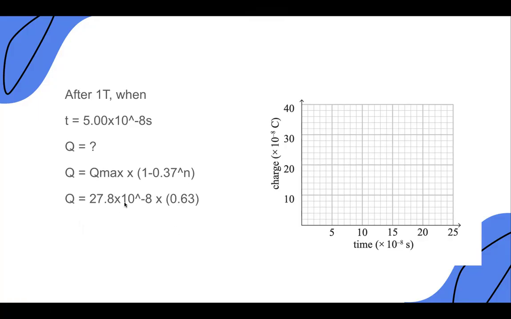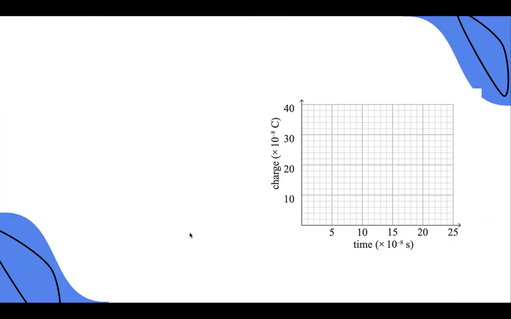Okay, so plugging in the values again, nice and easy. You get 17.5 times 10 to the negative 8. Nice. We do the same for 2T. So that is when you grab the T value and multiply it by 2, naturally we get 10 times 10 to the negative 8.